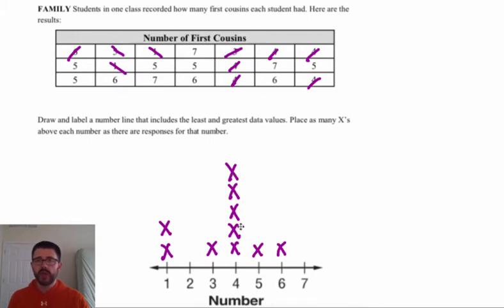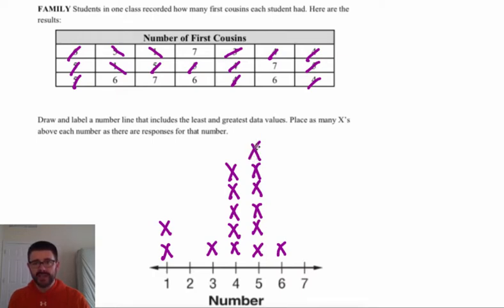Stack them nice and neat and try to keep them as even and as equally sized as you can. So 2 X's over here match up with my 2 X's over here. I've already got one of my 5s, but I have 5 more 5s. Sorry if you can hear my kids running around upstairs. So I'm going to stack 5 more X's up there.